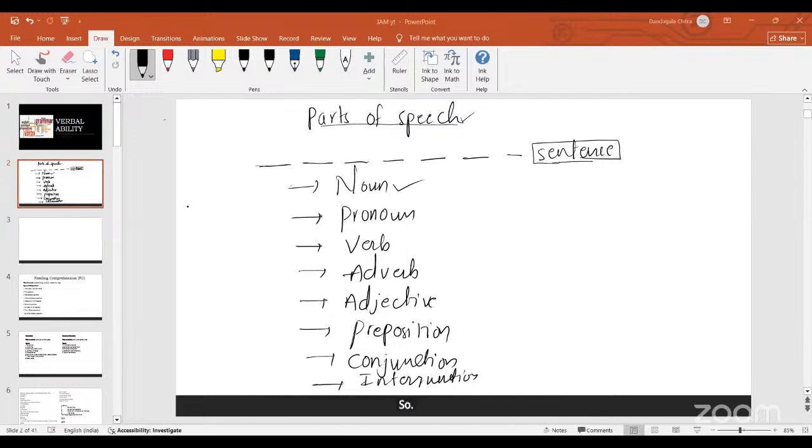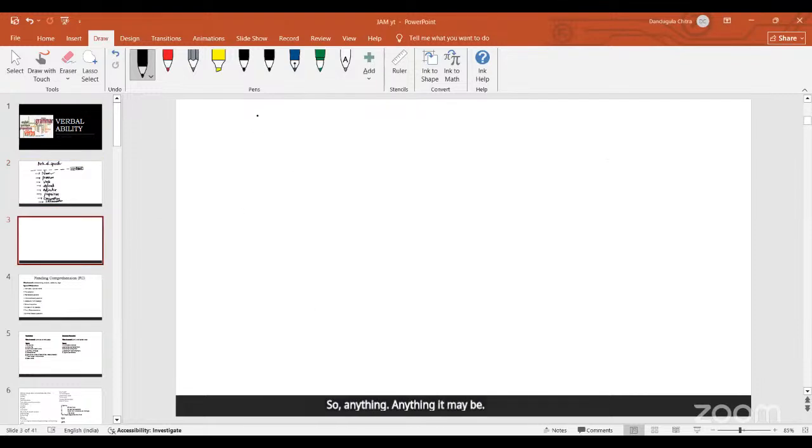For example, we have an object called chair. No matter wherever you go in this world, everyone calls it by the name chair only, right? So any word or any name that is universally accepted is nothing but a noun.